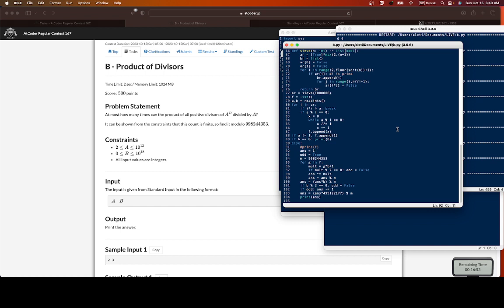If B is 1, then you have the number of pairs of... okay, wait. I see what we're doing now.